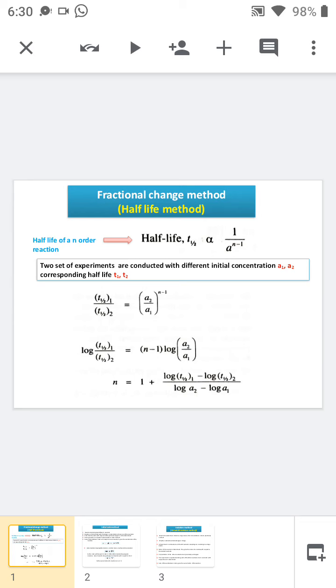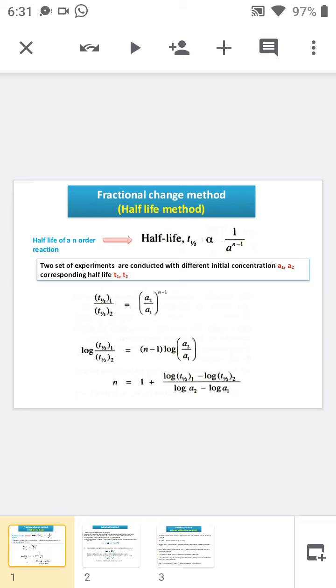So in this method, the fractional change method or half-life method, we conduct two sets of the same experiment with different initial concentrations of the reactant.